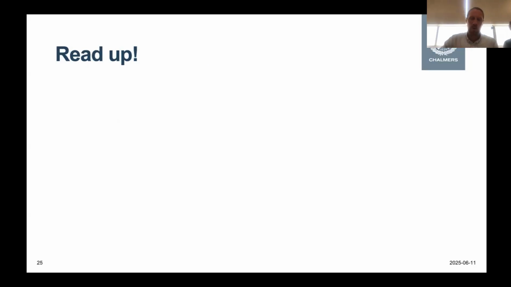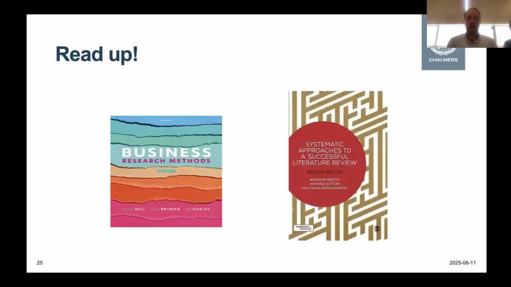And then there's a lot of literature on how to make proper reviews. The book Business Research Methods by Bell et al. has a lot of examples of how this is done. I followed the book Systematic Approaches to a Successful Literature Review by Booth et al., which was also very helpful.